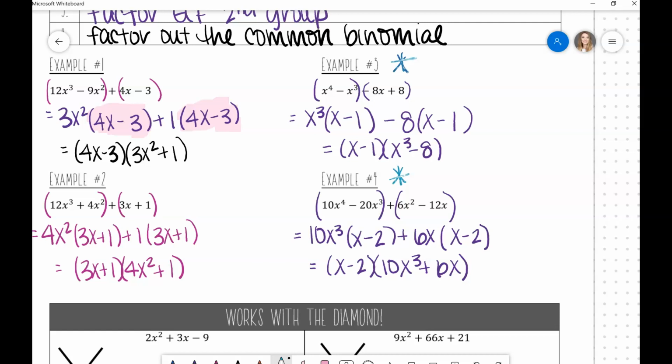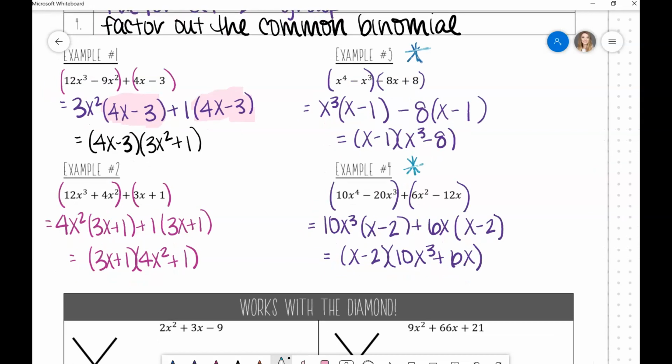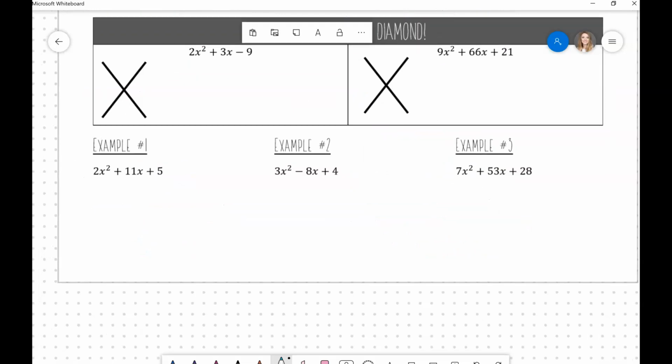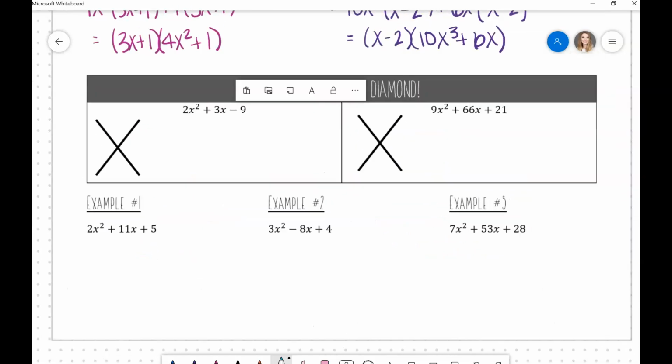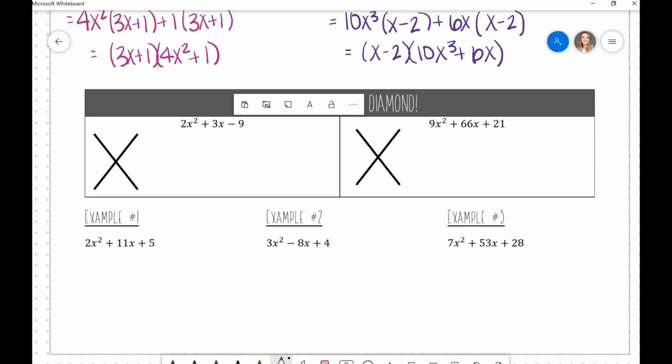So that's factor by grouping. And one method that's kind of cool that factor by grouping is used for is to factor just basic quadratic equations. We went over the diamond box, but you can actually use the diamond and factor by grouping together. So same idea, you take your A times your C, and that ends up giving you a negative 18.